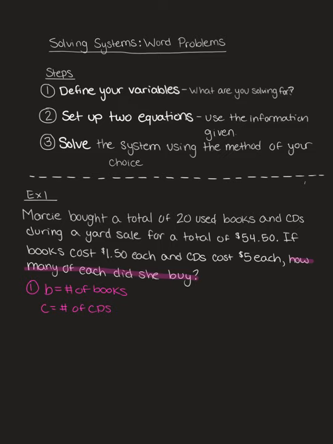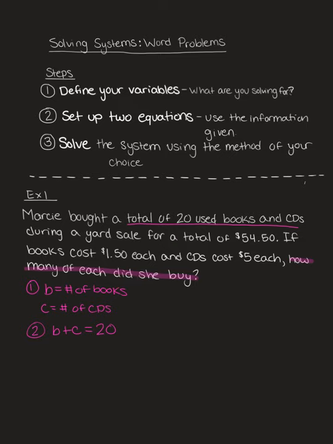Our next step is to set up two equations. She bought a total of 20 used books and CDs, so that means that the number of books plus the number of CDs must equal 20. The next piece of information we're given is the amount.